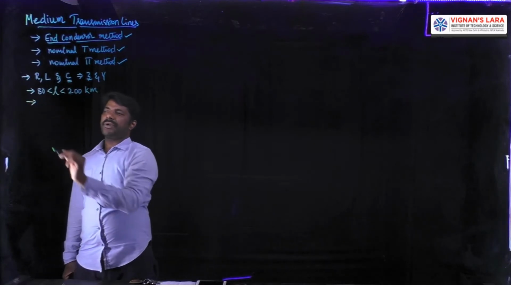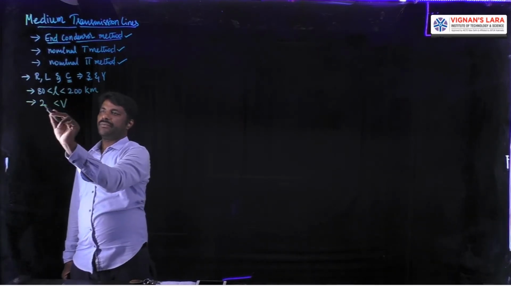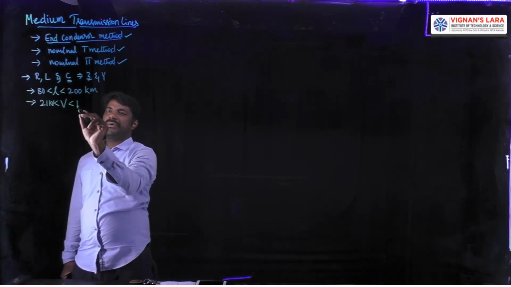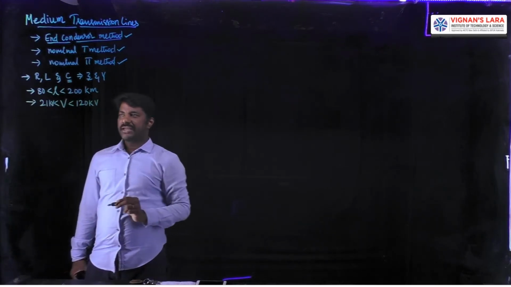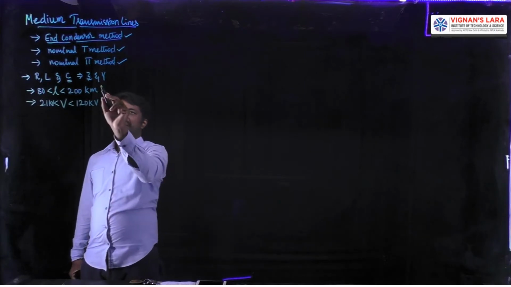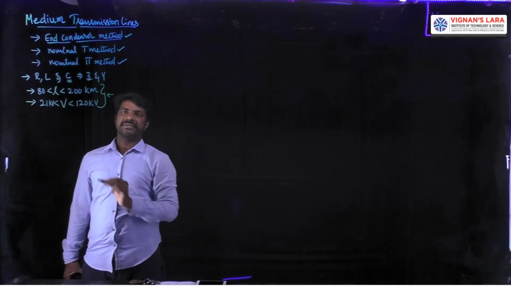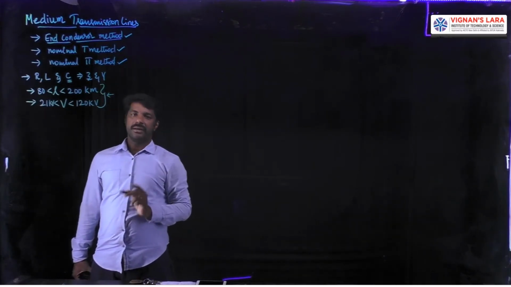In terms of operating voltage, if the operating voltage is greater than 21 kV and less than 120 kV, such a transmission line can be considered a medium transmission line. So, length and voltage specifications give us the identification whether the line is a short, medium or long transmission line.